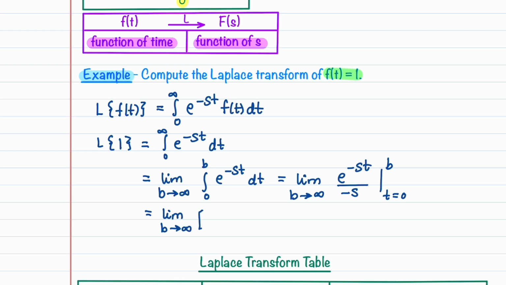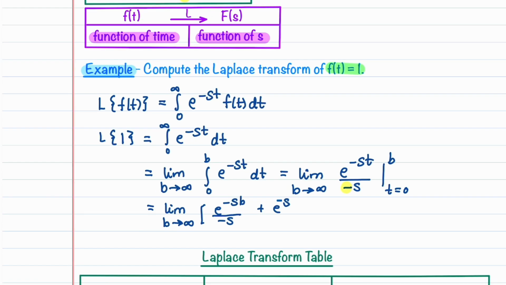We're first going to put in the upper limit of integration, so we'll replace t with b. This gives us e to the minus s times b, all divided by minus s, minus, and then notice we have a negative right here, so this becomes minus a negative, so we get a positive e to the minus s times 0, all divided by s.